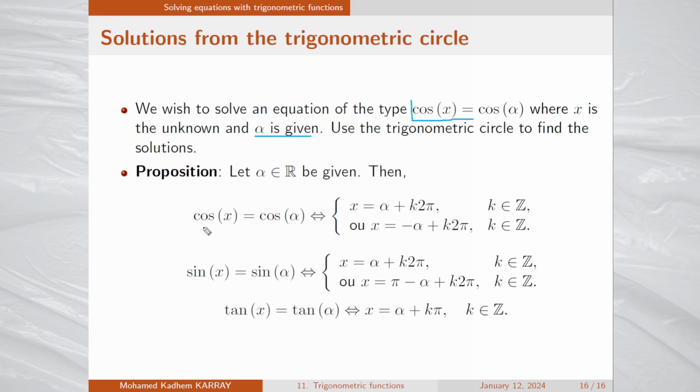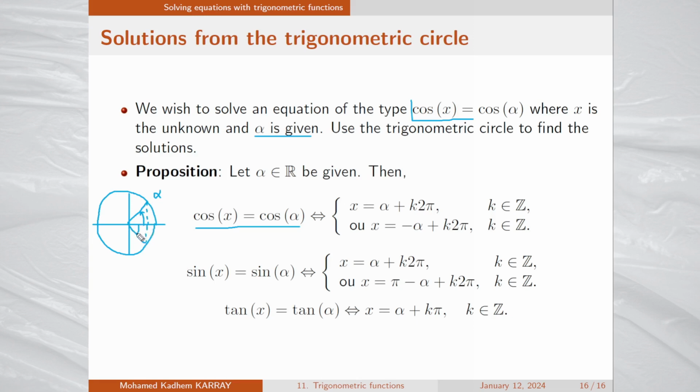Let's firstly show the case of cosine. So we draw the trigonometric circle here. And I plot some angle here, x, or alpha more precisely. So we see that cosine of alpha equals cosine of minus alpha.